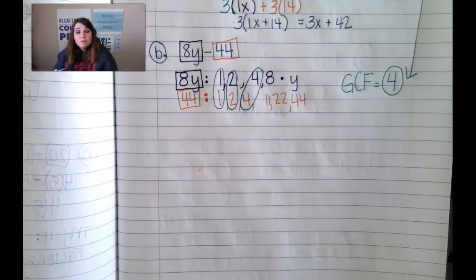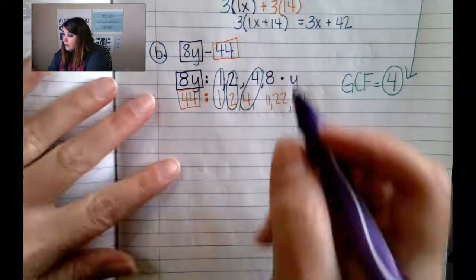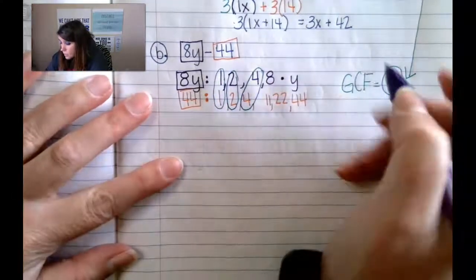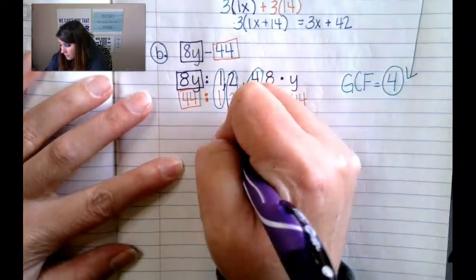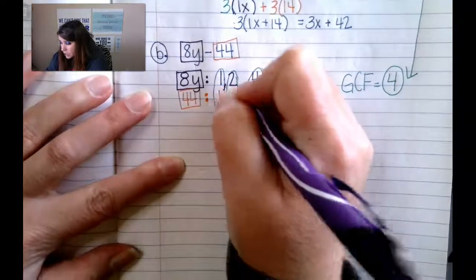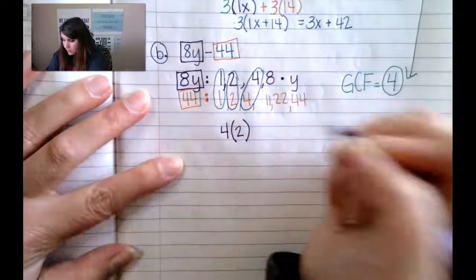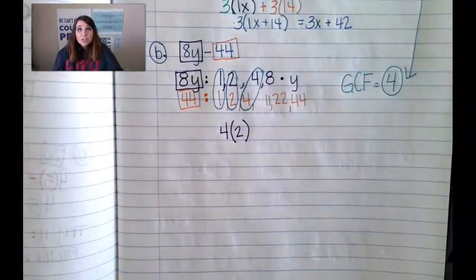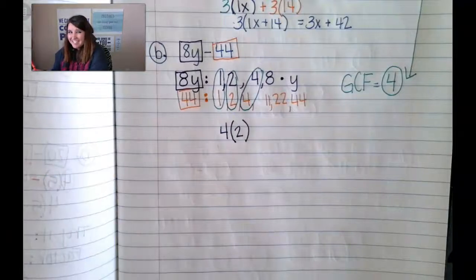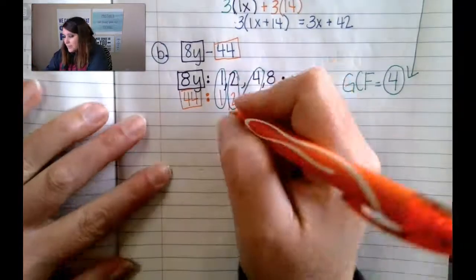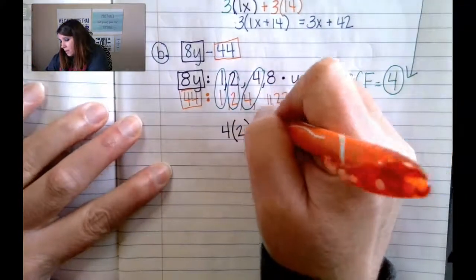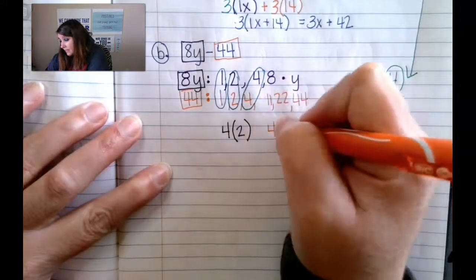Again, we're just reversing what we did. So to get 8, we used the 4 times 2. To get to 44 with our special magic number, we used the 4 times the 11.